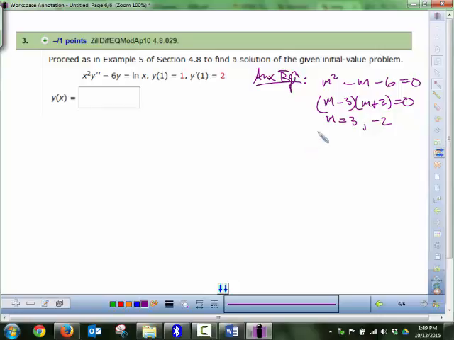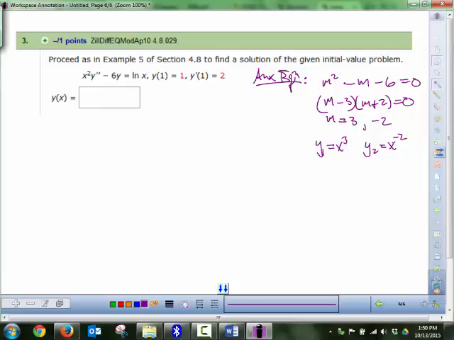So you have two fundamental solutions. y sub 1 is equal to x to the third power, y sub 2 is equal to x to the negative 2 power, or 1 over x squared. Okay?